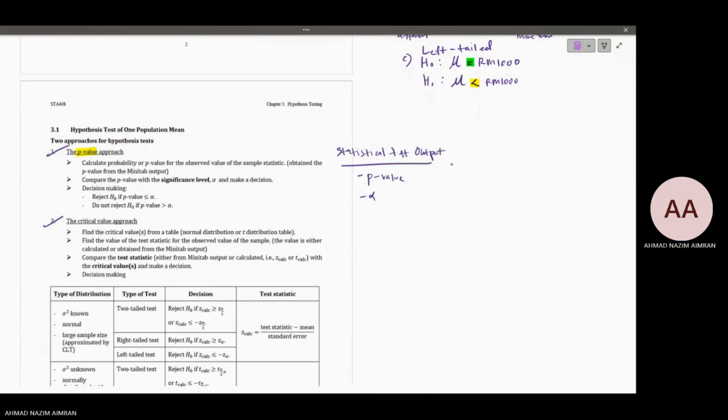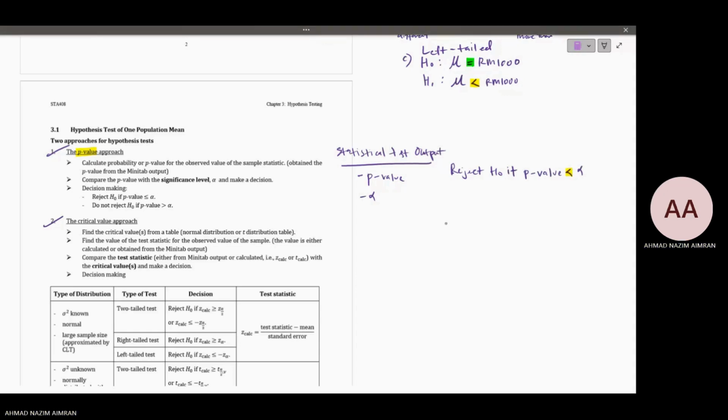And how to actually reject the H null? We reject H null if p-value less than alpha. It is always like this.